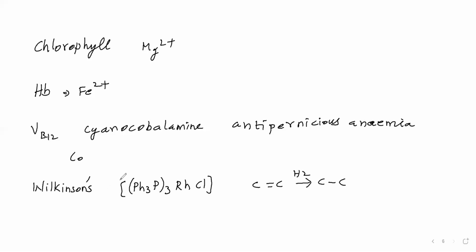Next, for electroplating, we are using coordination compounds. For example, for electroplating silver, the [Ag(CN)2]- electrolyte is used instead of Ag+. For coating silver, use the electrolyte of this complex, don't use the simple salt. If you use the complex, a smooth coating will be there. If you use the simple salt, a rough coating will be there.